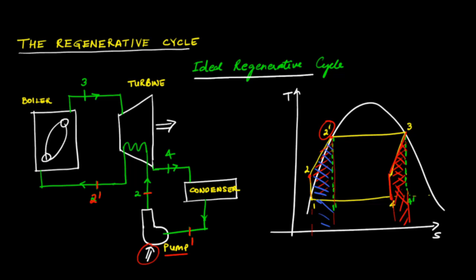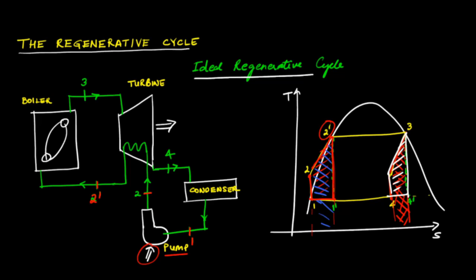And this is the heat that is lost by the vapor in the red shaded area. So the net effect is that because these areas are the same, this area is exactly equal to this particular area.